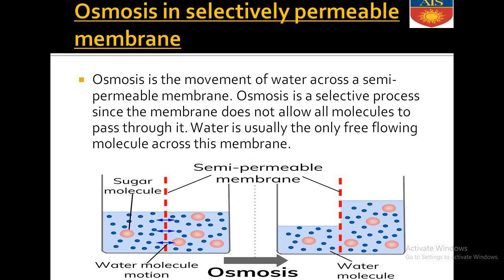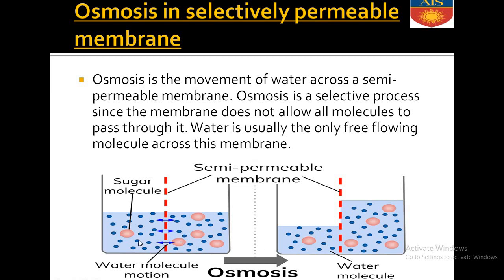It is the same process as diffusion, but the definition of osmosis is the movement of water molecules from the region of its higher concentration to the region of its lower concentration through a semi-permeable membrane.